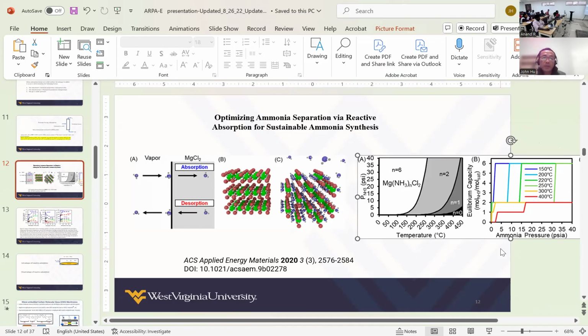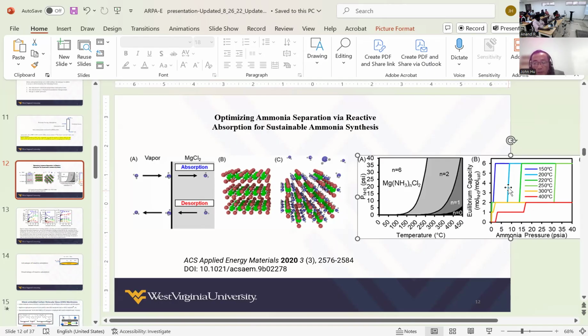Equilibrium capacity means that at equilibrium, they cannot adsorb ammonia anymore because it's reaching the maximum they can do.